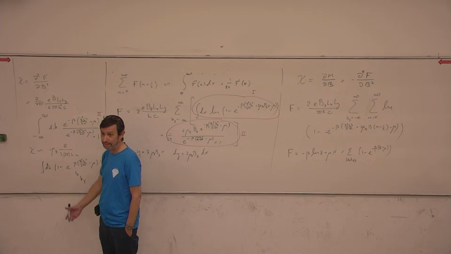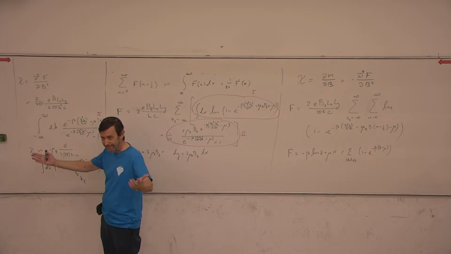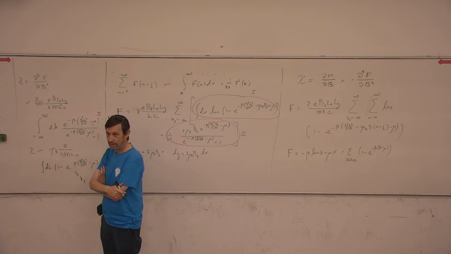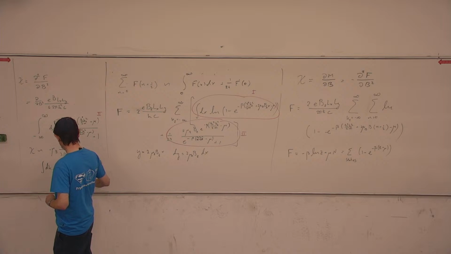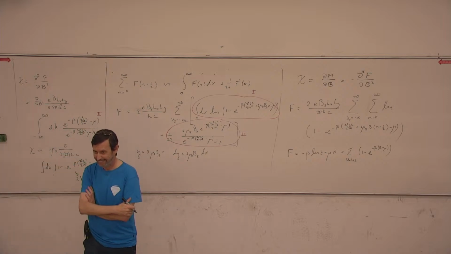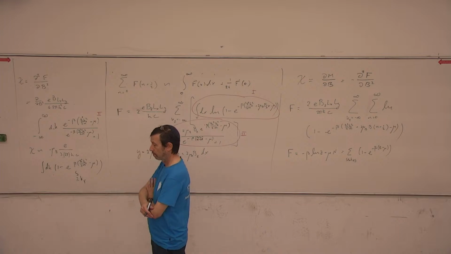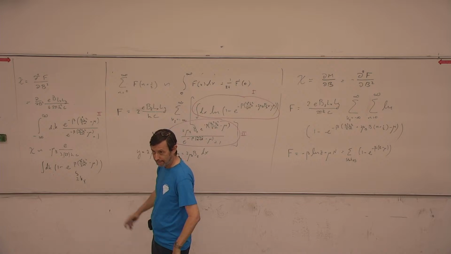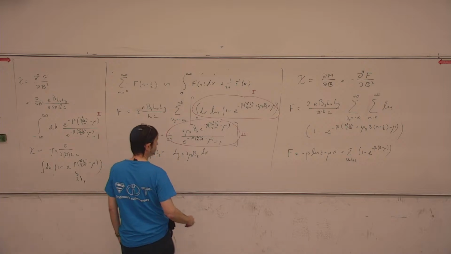Just kf dk on all the states that are filled times 1. Just kf. We have it from minus infinity to infinity, so it's 2kf. Okay, and that's the end of it. I got the susceptibility. So let's write it down.